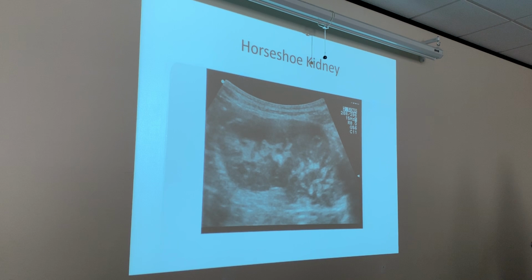Horseshoe kidney. I can't measure this because I'm losing my inferior poles. Anterior, posterior, superior, inferior. I could be lazy and measure it from here to here, but I'm going to miss my horseshoe kidney.